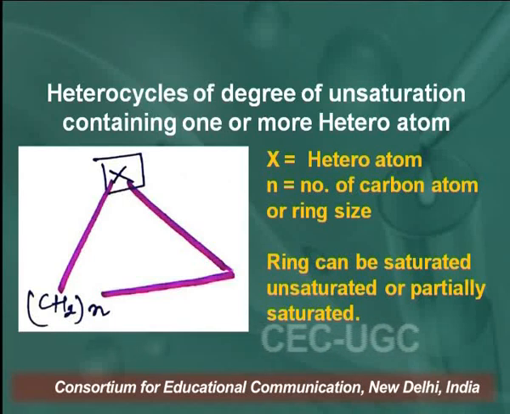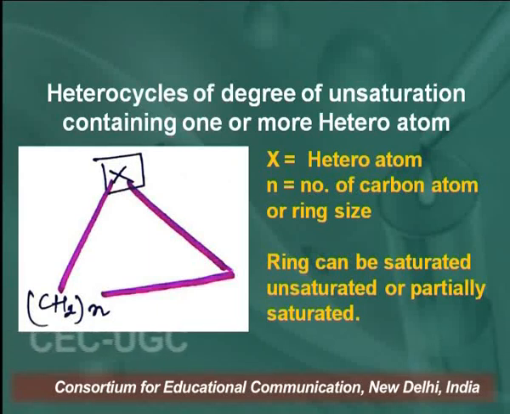So, X represents the heteroatom, N is the number of carbon atoms or ring size. The ring can be 3 membered, 4 membered, 5 membered, or we can say 3 to 10 membered. So, N represents here the ring size. The ring can be saturated, unsaturated, or partially saturated.